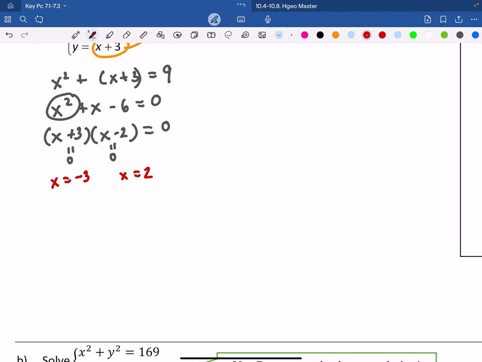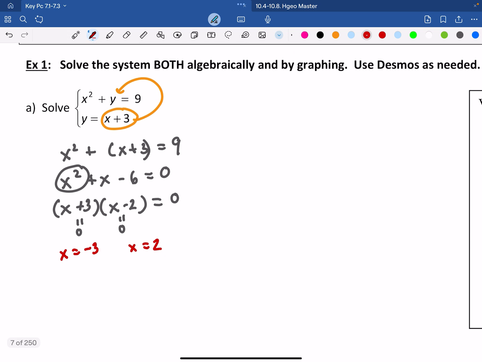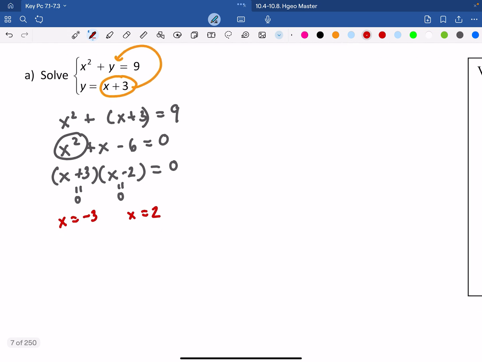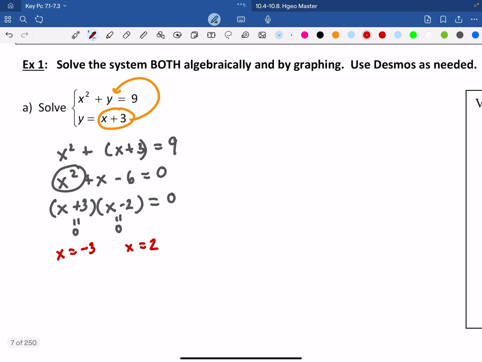Once you have found the two values for x, you can proceed to substitute x back into either of the two equations, and it really doesn't matter which, but you probably want to go into the easier one.